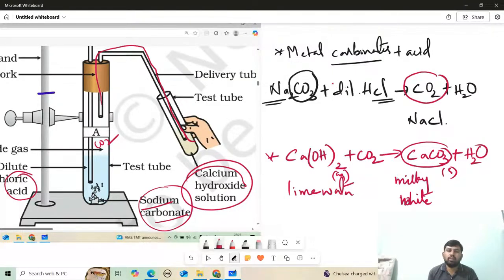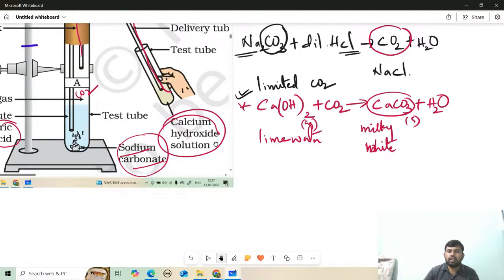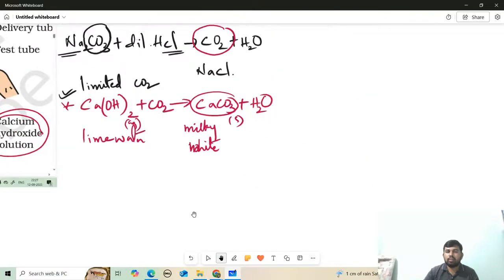This is one more thing you should understand: this reaction is when we are passing limited CO2. So there are two reactions. One is limited. If we are passing an excessive amount, what happens again? Suppose the same reaction, Ca(OH)2 will be there and plus CO2 will be there.